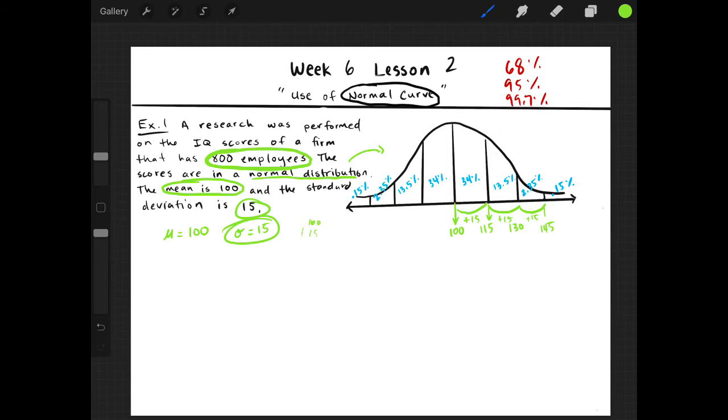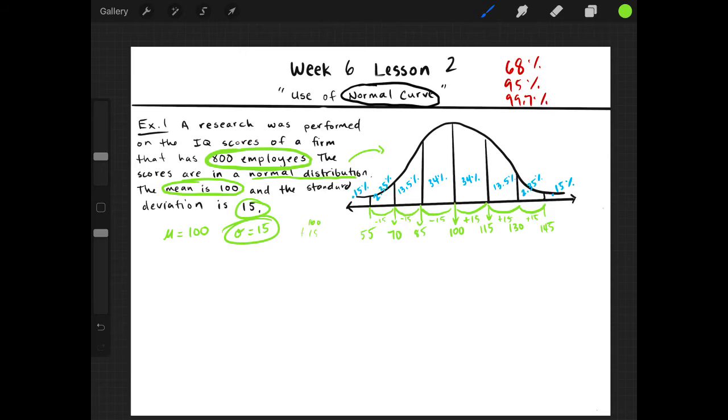Instead of adding one standard deviation, we subtract. 100 minus 15 gives us 85. We subtract 15 more, and that gives us 70. And then we subtract 15 more, which gives us a bottom line of 55.